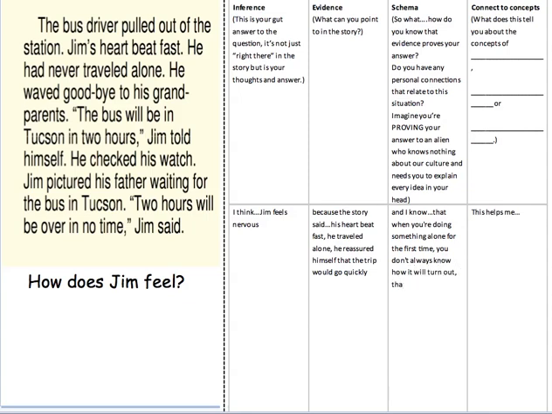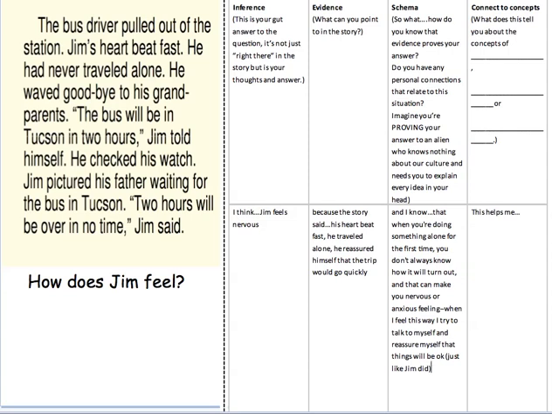And that can make you nervous or anxious feeling. When I feel this way, I try to talk to myself and reassure myself that things will be okay, just like Jim did.